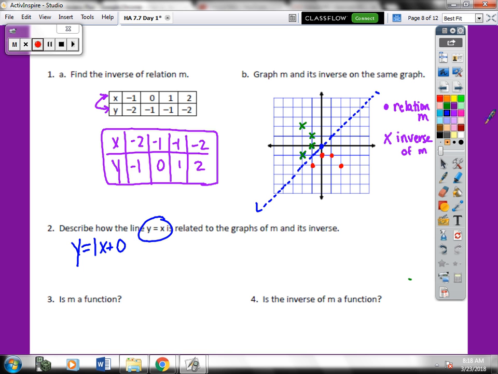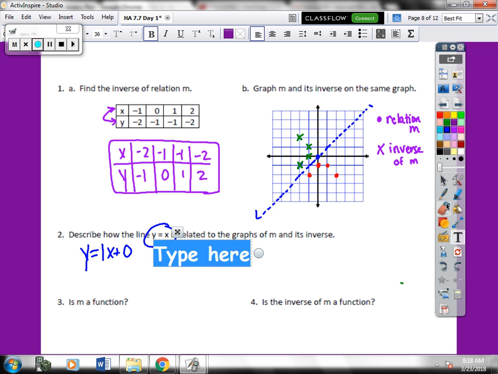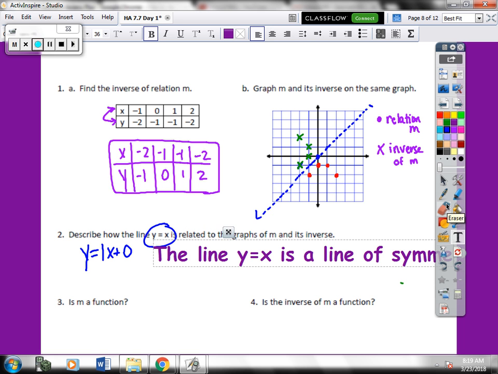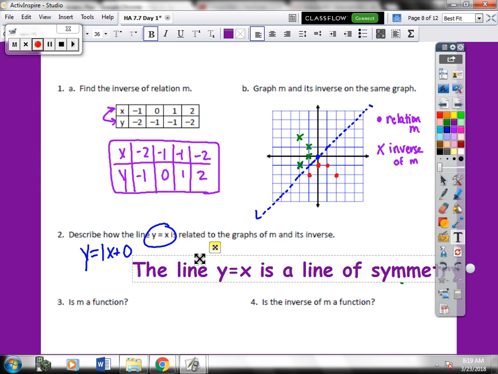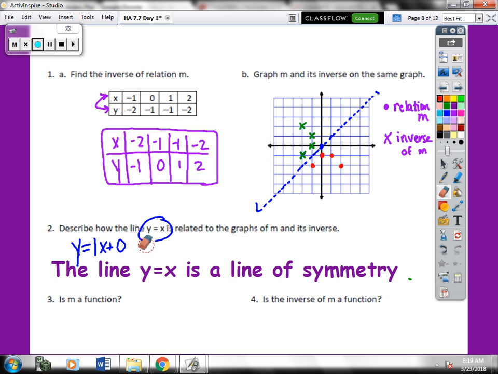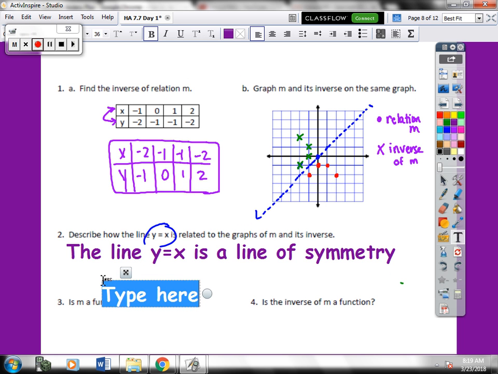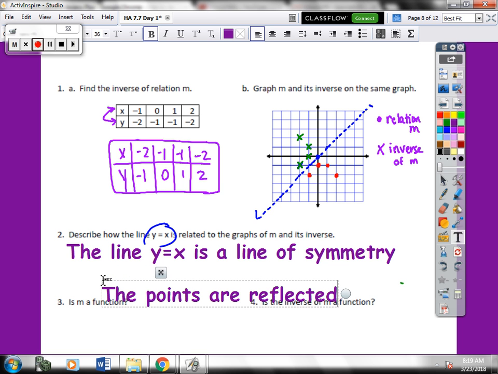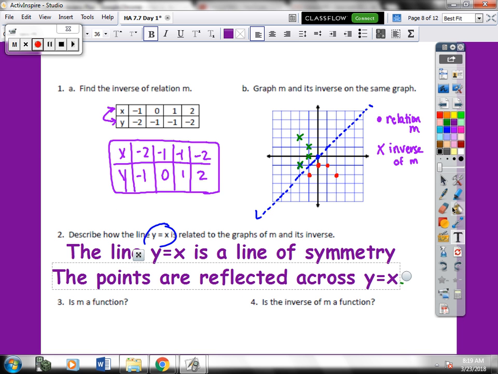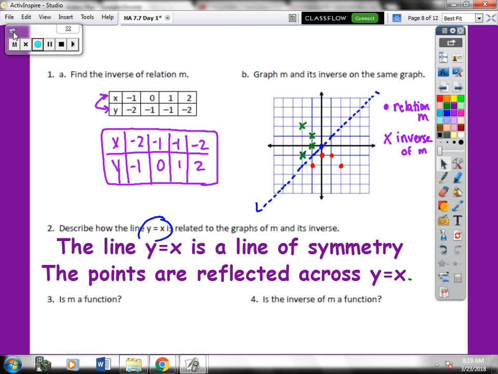I'm going to type this out. So my handwriting is inspired. Points are reflected across it.